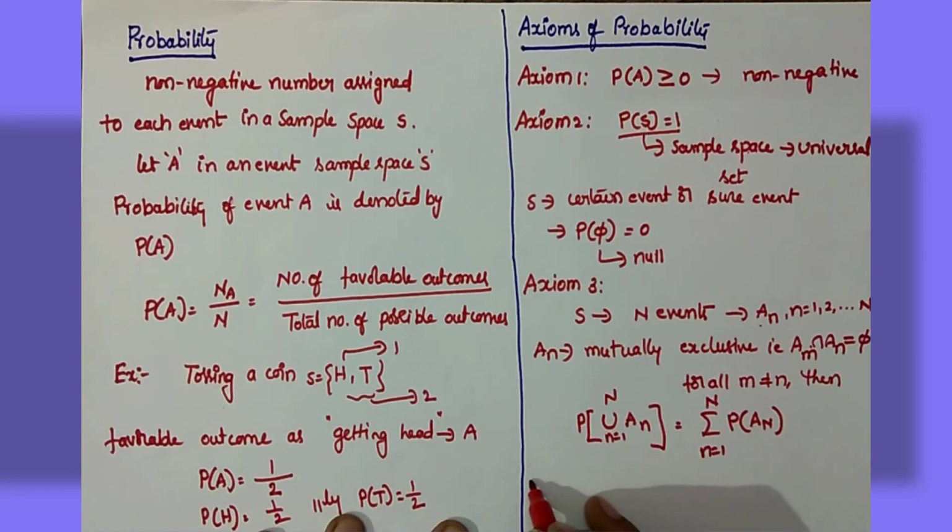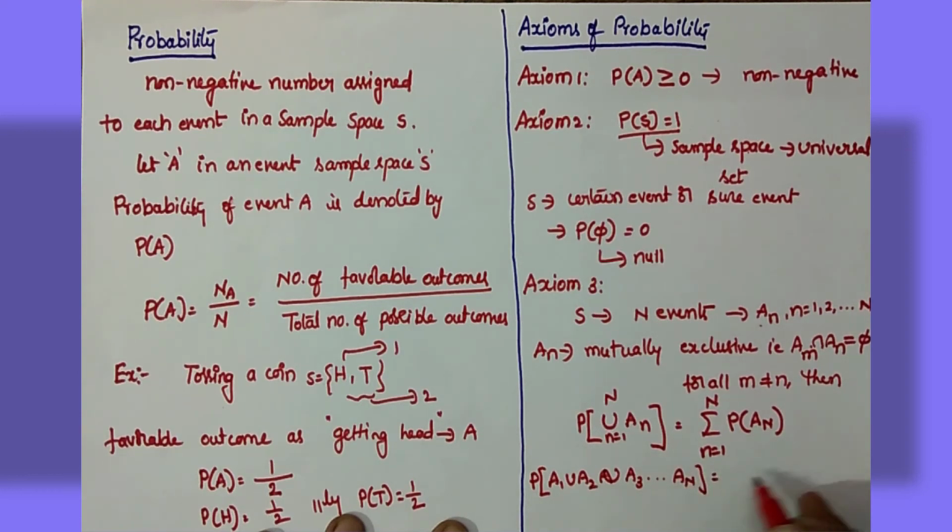In a better way, you can write it like this: P of A1 union A2 union A3 etc. union AN is equal to P of A1 plus P of A2 plus P of A3 etc. plus P of AN.